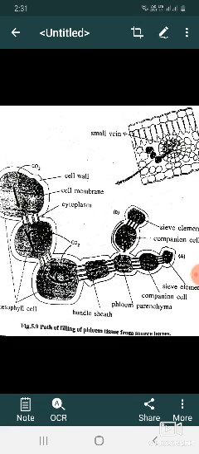Metabolic controls: like any other physiological process, translocation also requires metabolic energy.